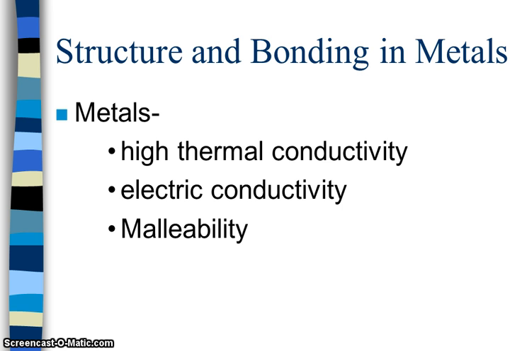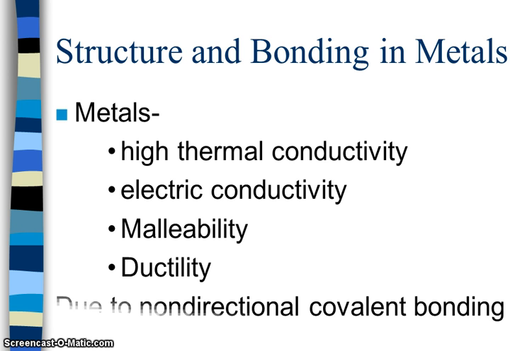They're malleable, which means that we can pound them out into thin sheets like aluminum foil. And they're ductile, which means that we can stretch them out into wires, like copper wire in your house. And all of these properties of metals are due to the non-directional covalent bonding that hold the atoms together in our substance.